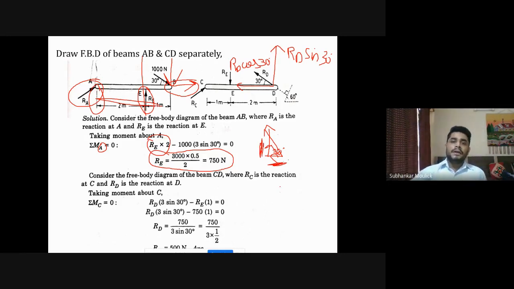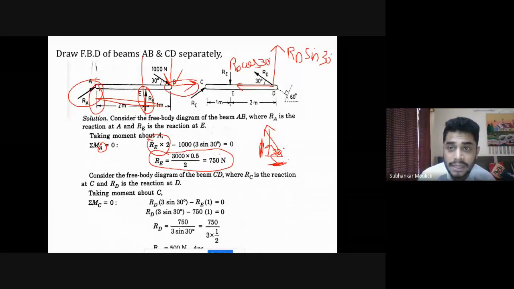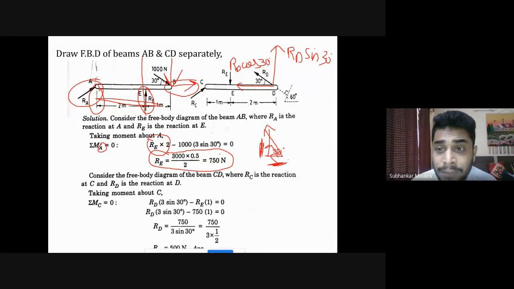Now you tell me at which point I will take the moment. So let us take the moment at point C, because I need to get the value of RD. If you want to get the value of RD, because that is what is required in the question, you cannot take moment at point D, because from point D your force RD is passing, you will not get that force.